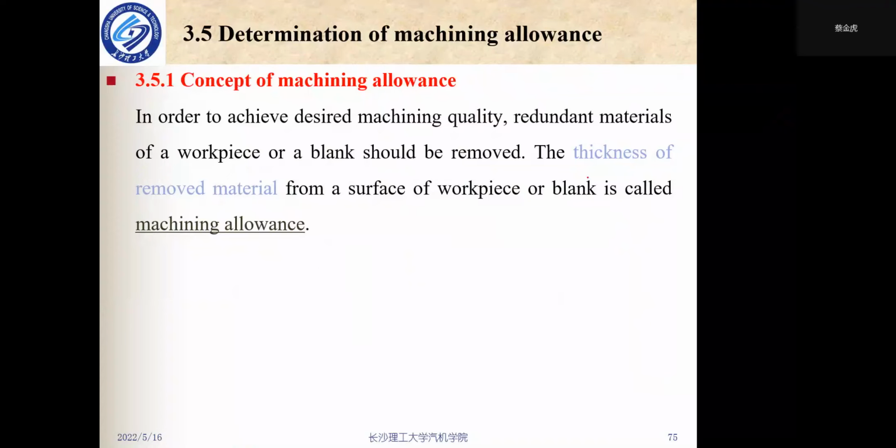This thickness of the removed material from a surface of workpiece or blank is called machining allowance. So as the sentence says, the thickness of removed material of a surface of a workpiece or blank is the machining allowance.